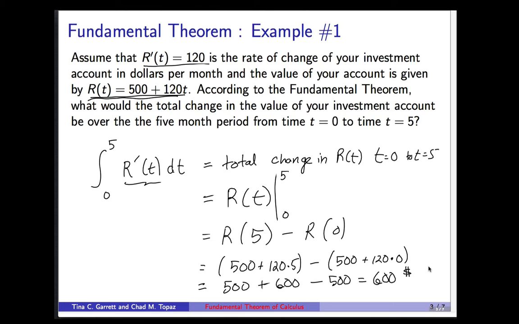Does that make sense? Well, in this example, if you go back to the rate of change, yeah, it actually makes a lot of sense. Every month you're putting in an extra $120, so over 5 months you would expect 120 times 5, you'd expect $600. So that's the change in your retirement account for the first 5 months.